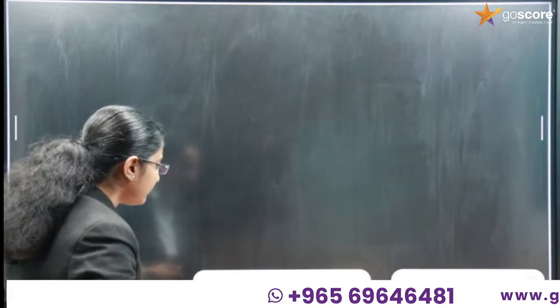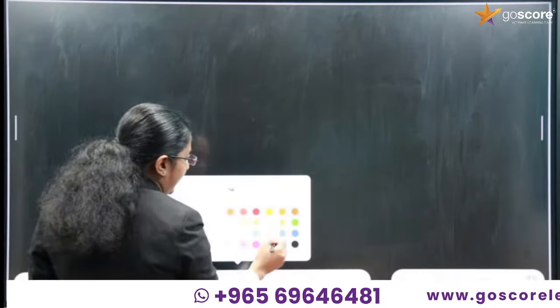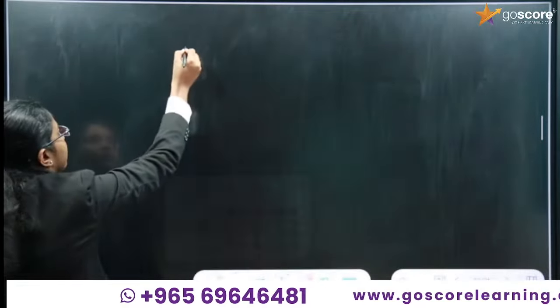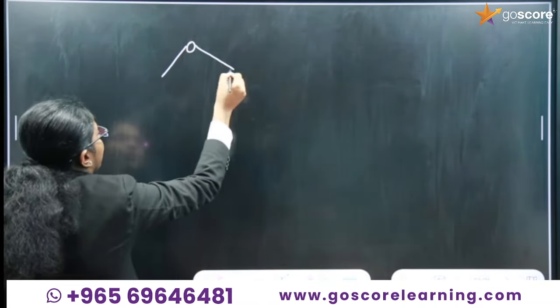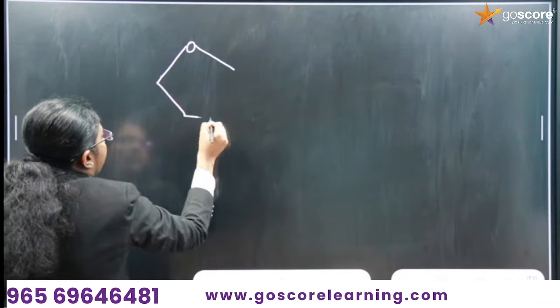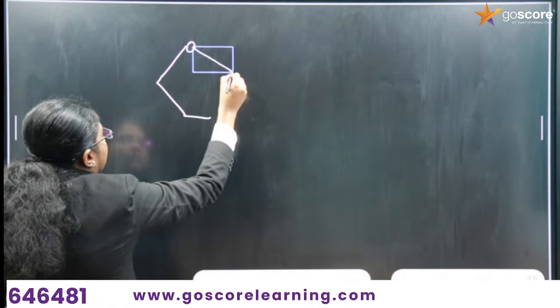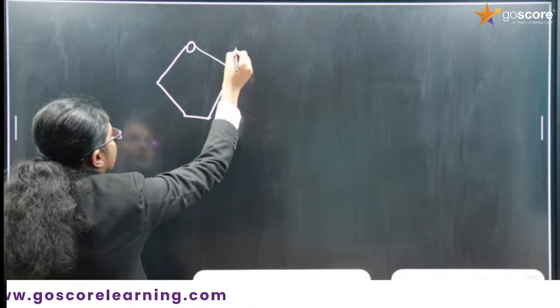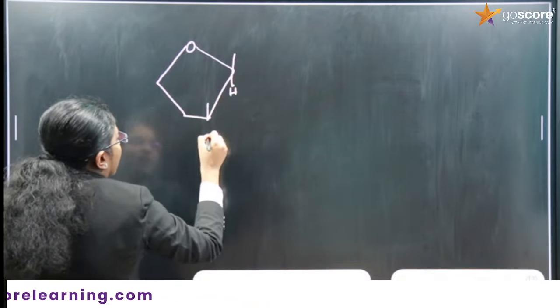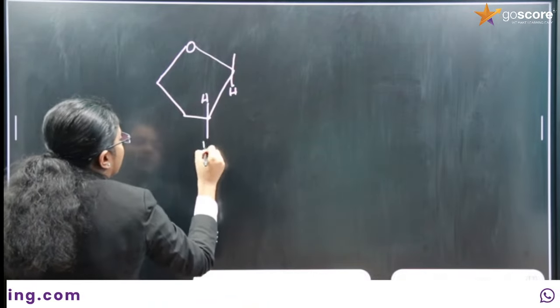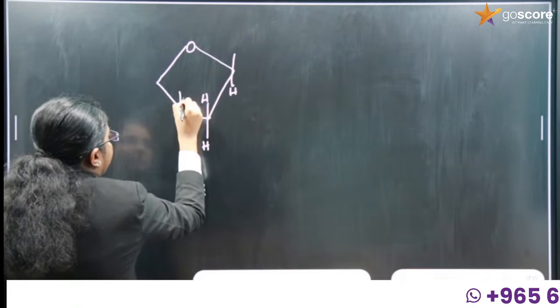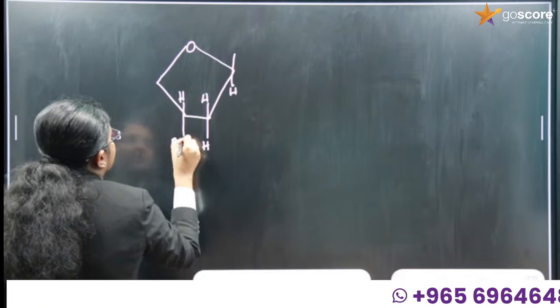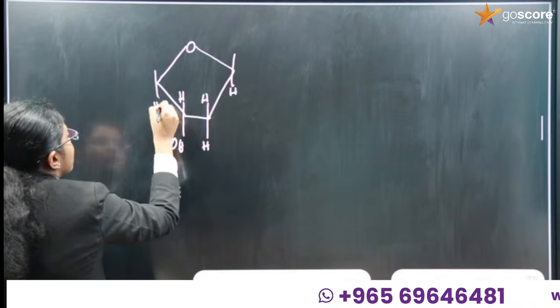So let's see. With adenine, I have mentioned how to draw. In the first position it will be HOH, and then the fourth carbon is attached to the hydrogen.